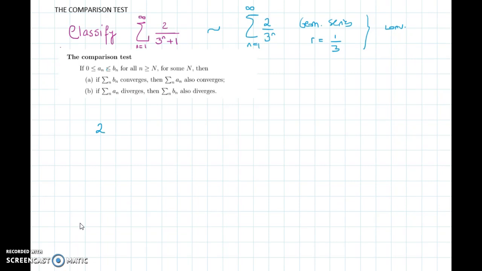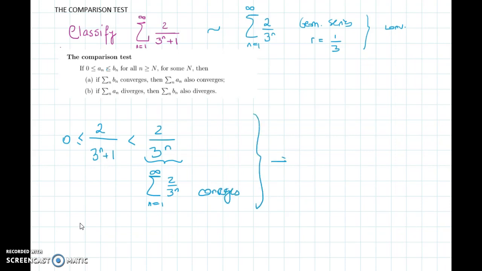Let's look at the sequence 2 divided by 3 to the n plus 1. All those terms are obviously positive, but even more, they are less than 2 over 3 to the power of n, because we don't have the plus 1 in the denominator. When we make larger the denominator, then we make smaller the fraction. Now, this has an associated geometric series that, as we mentioned before, converges.